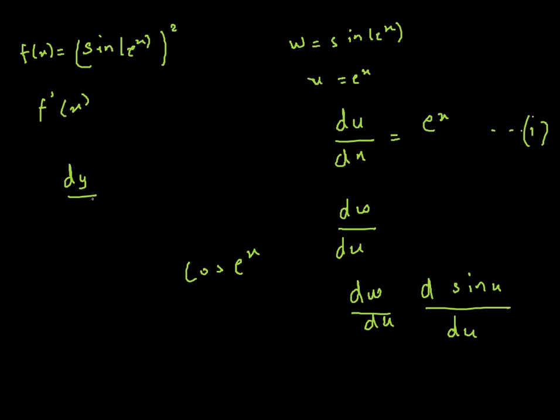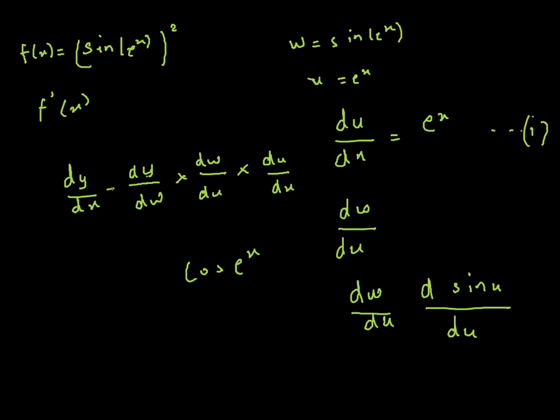So the derivative of this function right here, dy by dx of f of x, will be dy by dw into dw by du into du by dx.